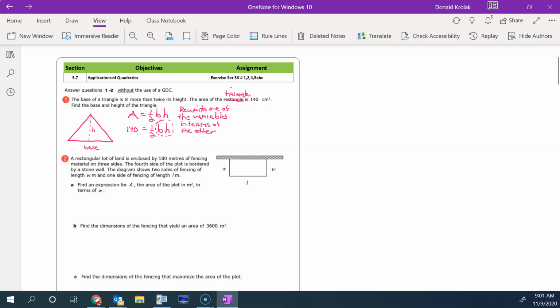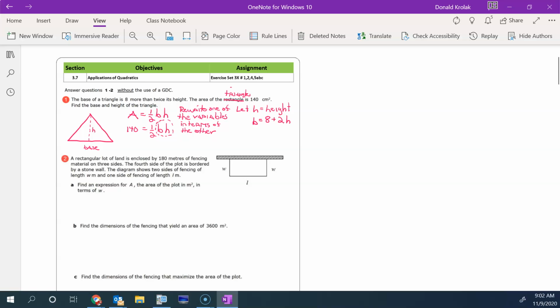Okay. Well, you're told that the base is 8 more than twice the height. So if I let h equal the height, then I can say the base is 8 more than twice the height.